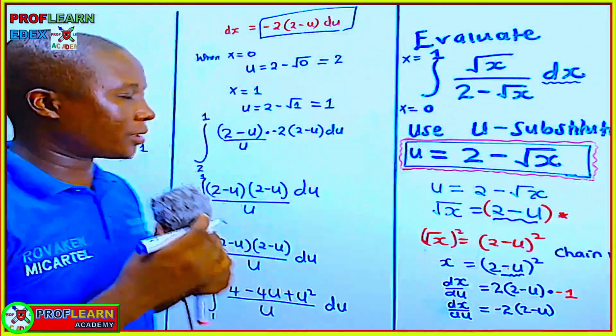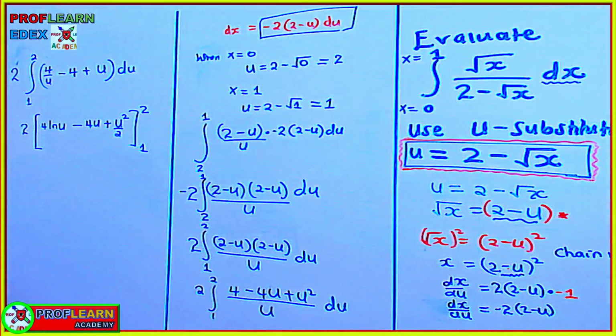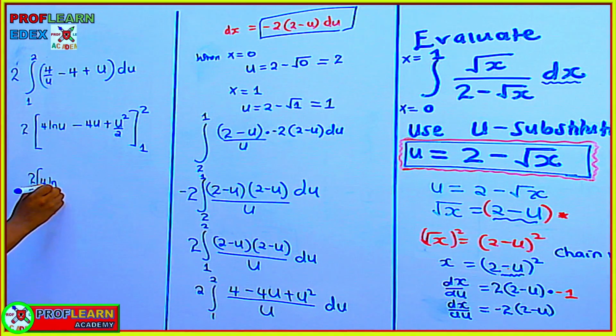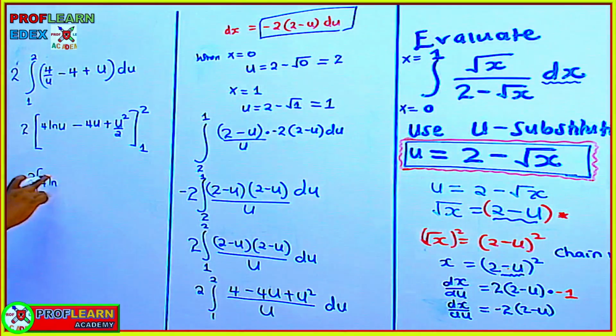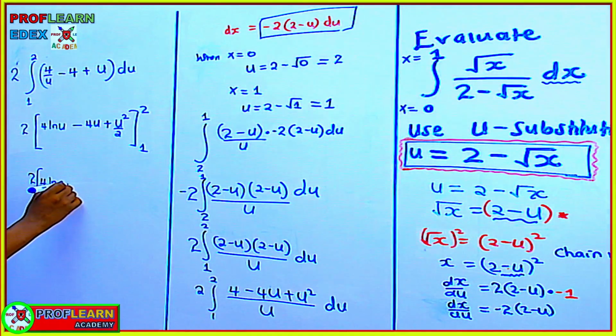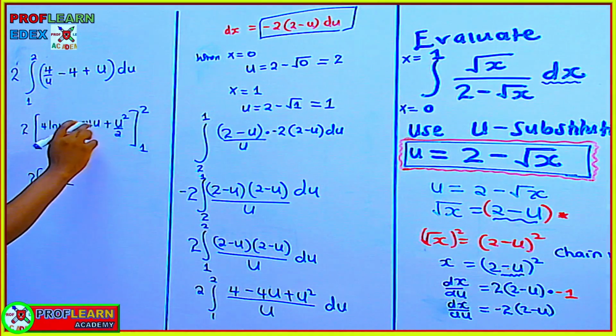We can substitute the limits so that we can check what we're going to get. So this is going to be 2 into bracket, substituting 2 into every term here. We are going to have 4 ln of 2, minus 2 here.